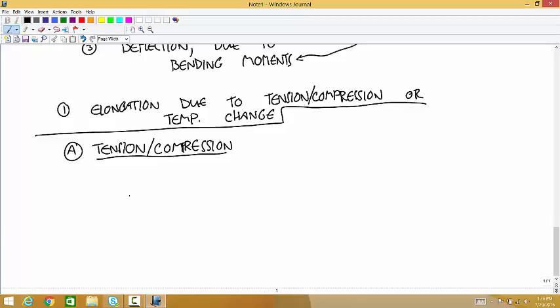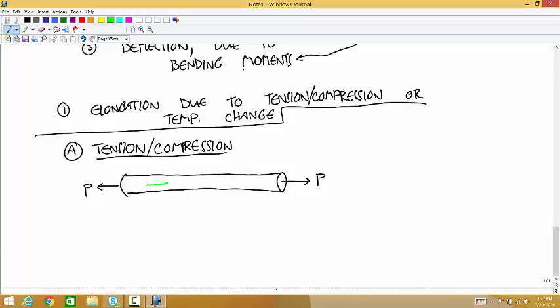Okay, so say that you have a beam like this, and it's in tension in some way, and we're going to use the same coordinate system we've always used for beams with the x-axis along the long axis.